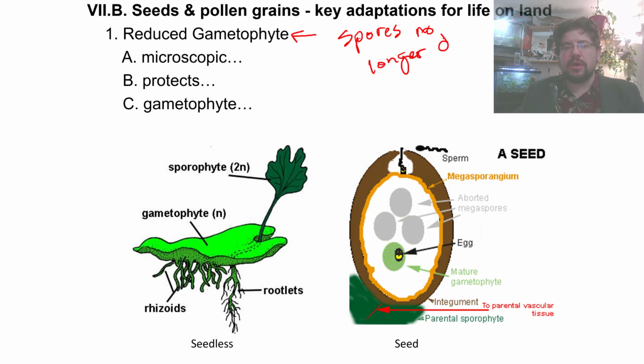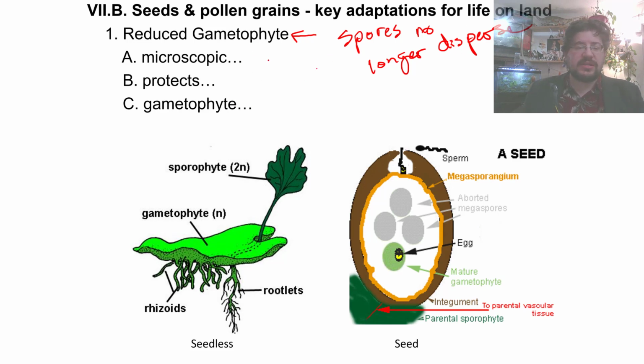In the bryophytes and the ferns and fern allies, the spores were released from the sporophyte and were the mechanism of dispersal to spread the plant. Here, since the gametophyte is microscopic and encased by the sporophyte, the spores are not released. They are not the dispersal mechanism.